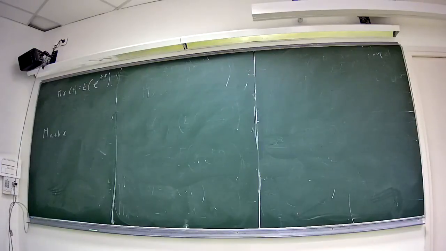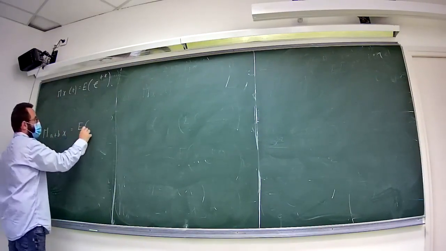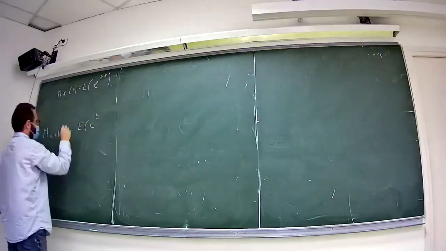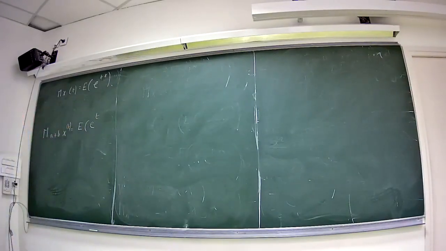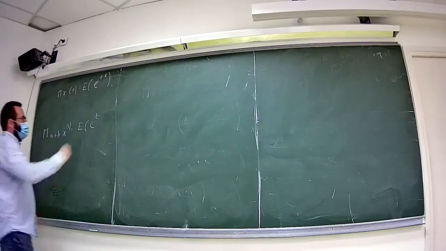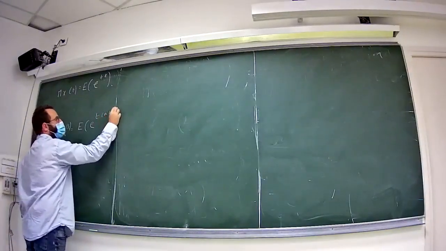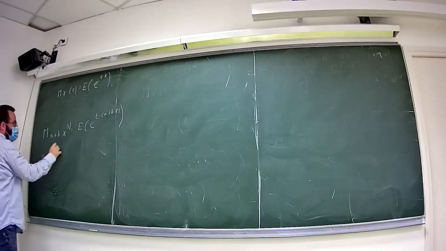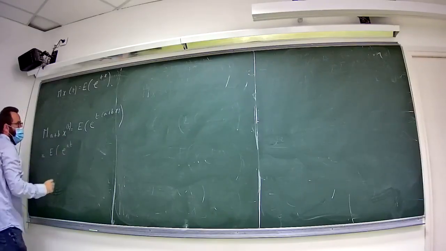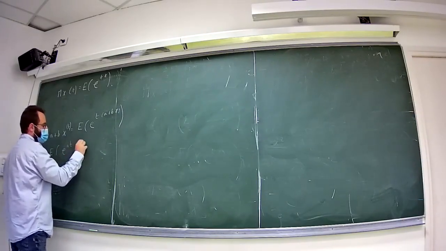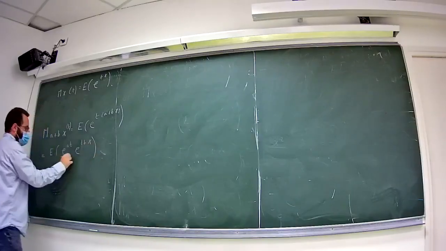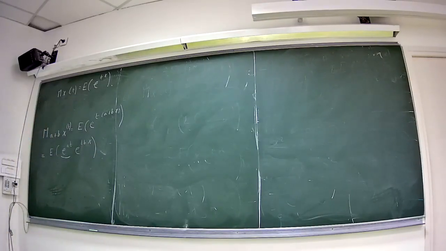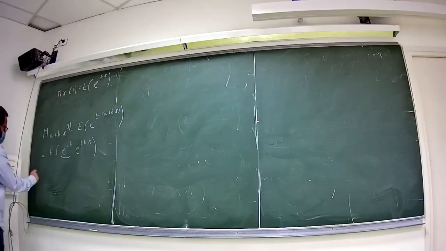You linearly transform X. It's a linear transform of my initial random variable. If I come back to the definition, what is this? It's, at the point t, exponential of t times a plus bX. At the end, I obtain the expectation of exponential ta times exponential tbX. This one is a constant that I can remove from the expectation because it's not a random variable, it's a constant.